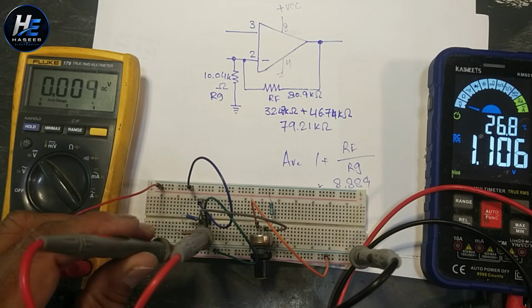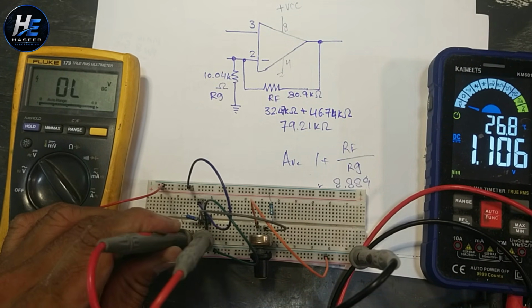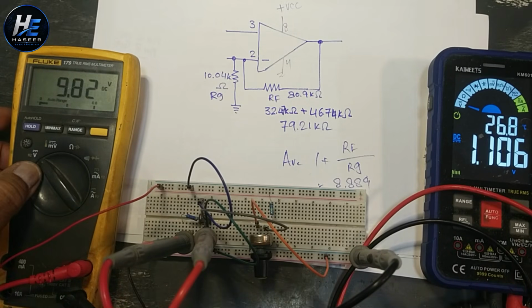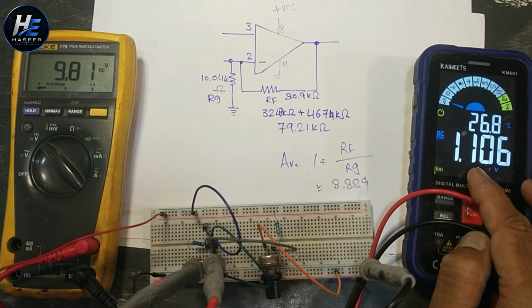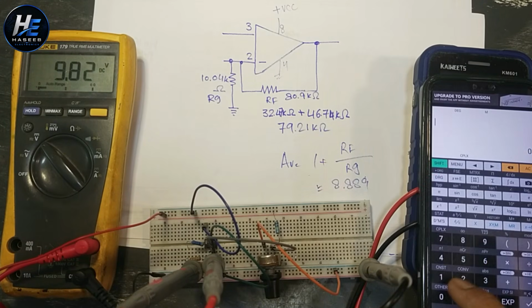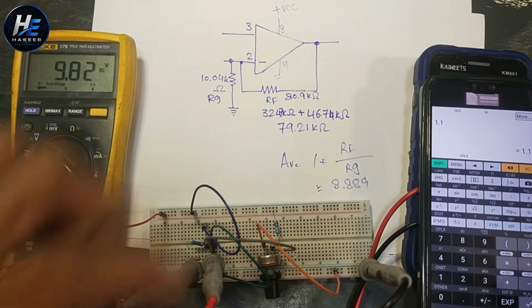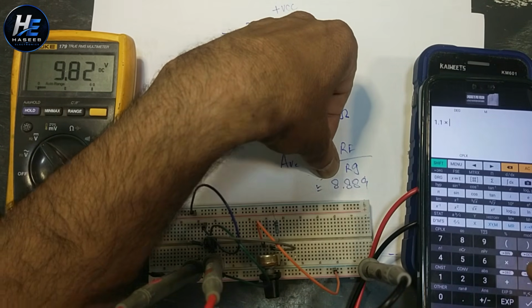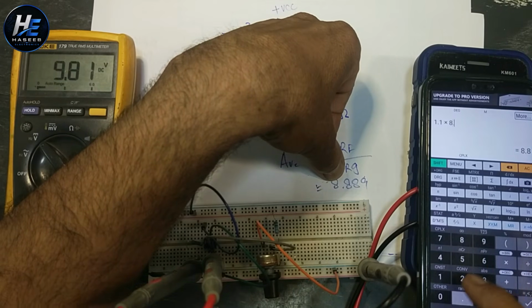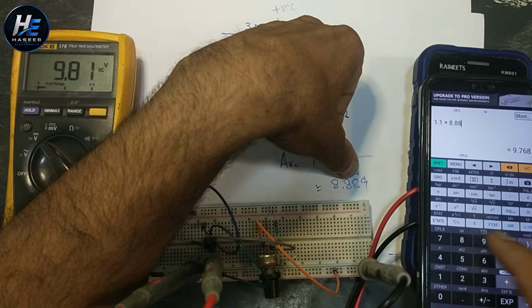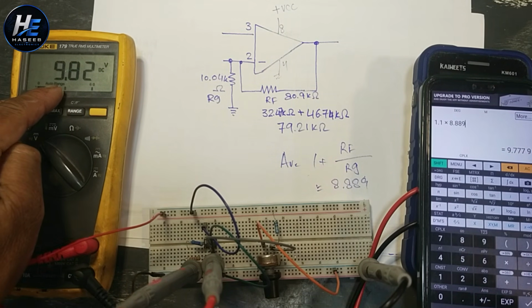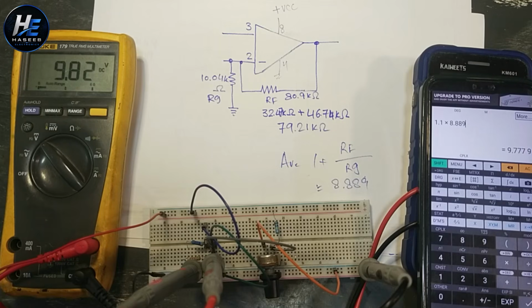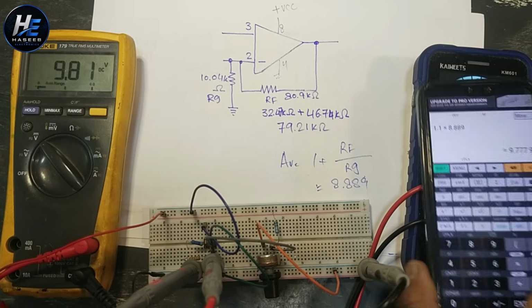And we will connect this multimeter at pin number 1 as an output. We have 1.1 volt input. We calculated gain 8.889, 9.779 volt, exactly 9.8 volt. That is perfectly matching to our calculation.